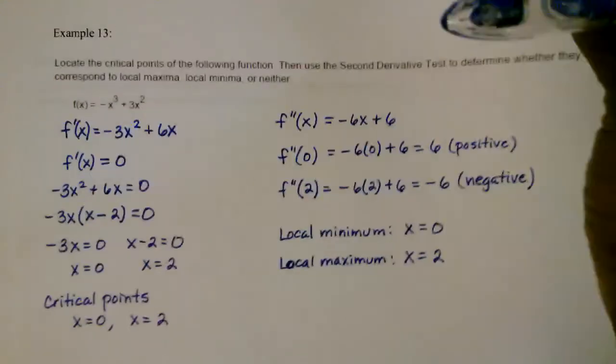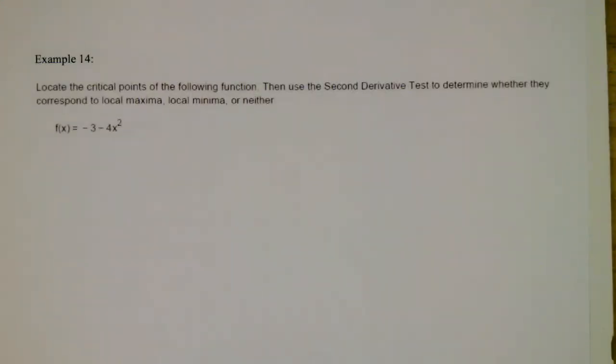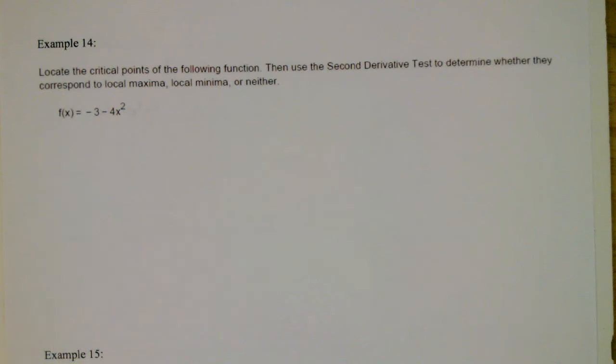All right, let's try this next example here. Let's say we get f of x is equal to negative 3 minus 4x squared. And we're going to locate our critical points for that function and then use the second derivative test to determine whether they correspond to local maxima or local minima or neither.